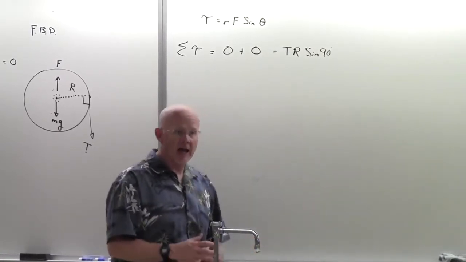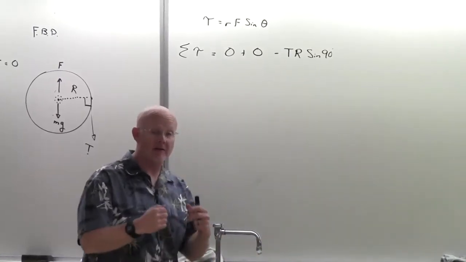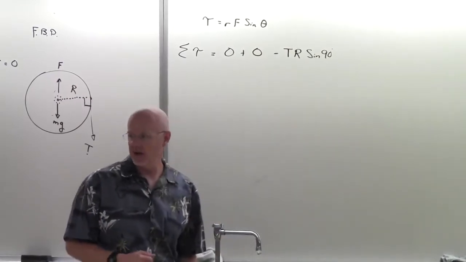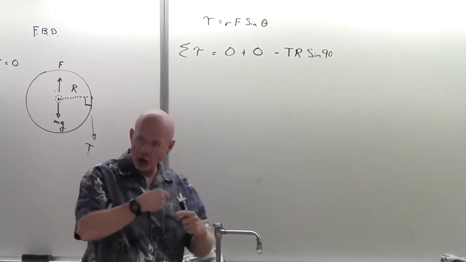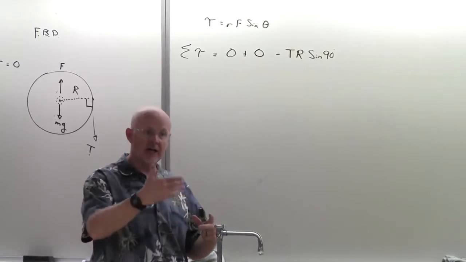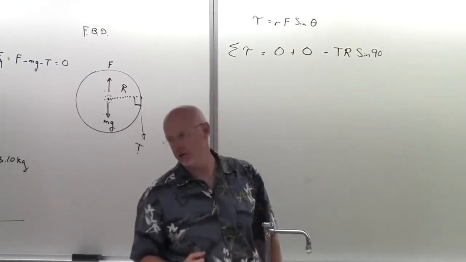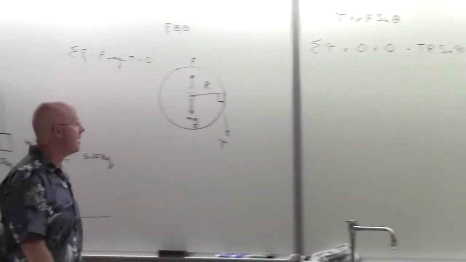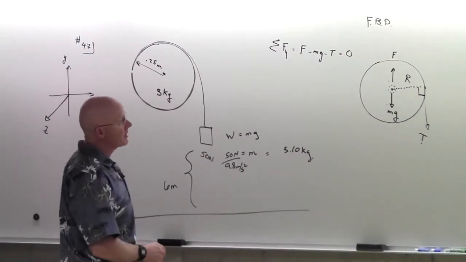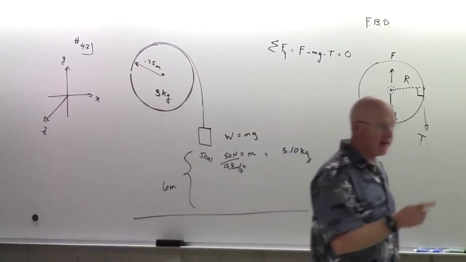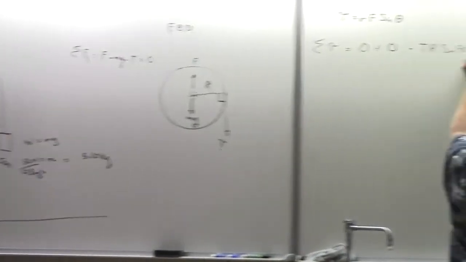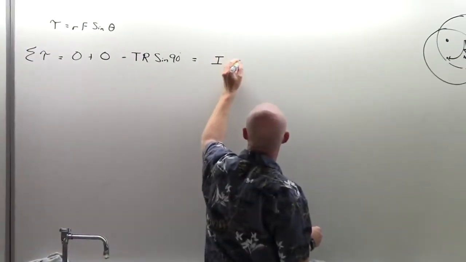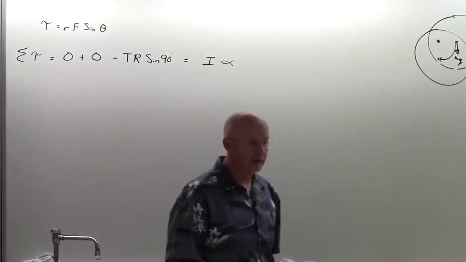So I will have a negative torque, which would mean I'm going to have a negative acceleration. This begins to make it turn faster and faster in a clockwise direction. A negative acceleration. So that's the sum of my torques, and that should be equal to I alpha. Okay?